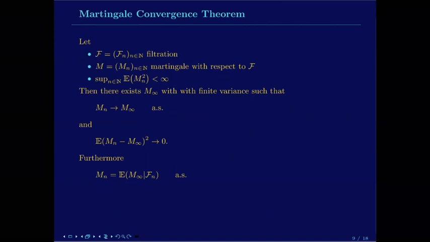Here I stated, for simplicity, this assumption of finite variance. So that means the sequence of variances for the processes, or here the second moments, is bounded for all n, uniformly bounded.